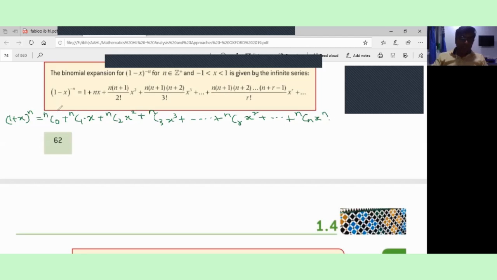Simple, right? Now this NC0 and all this works. Remember this, in NCr the condition for r has to be less than or equal to n and r has to be greater than or equal to 0. Try understanding this, right? I hope you understood this.